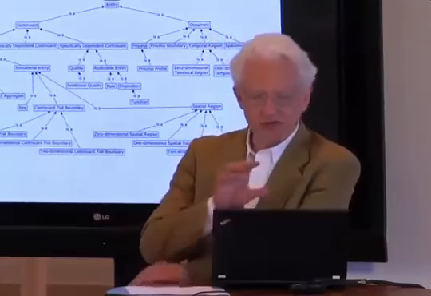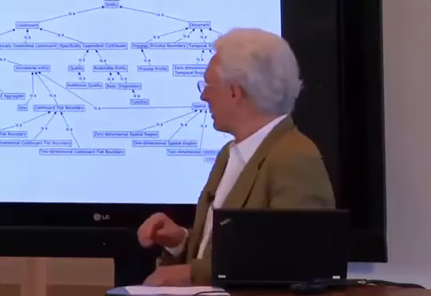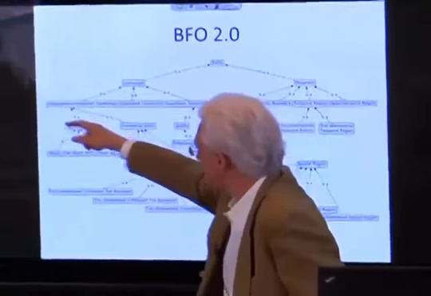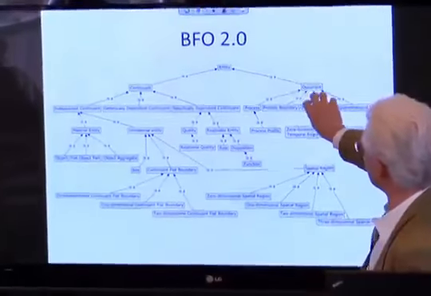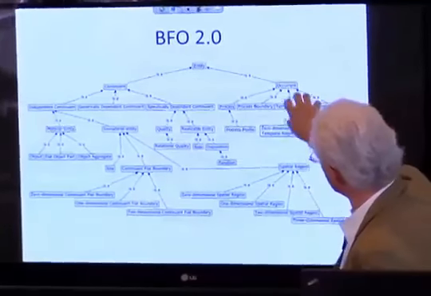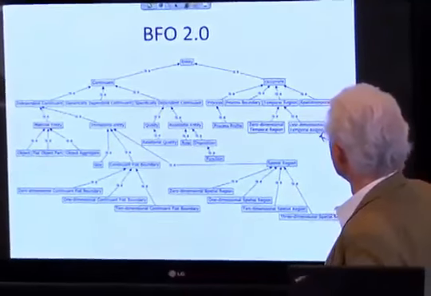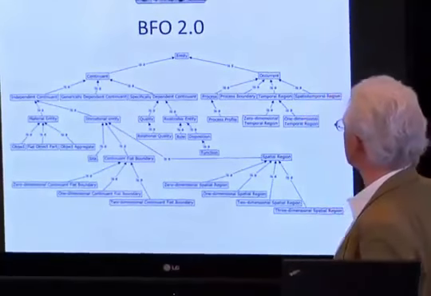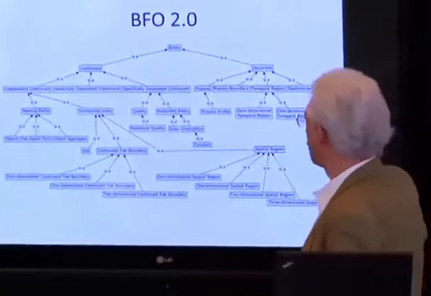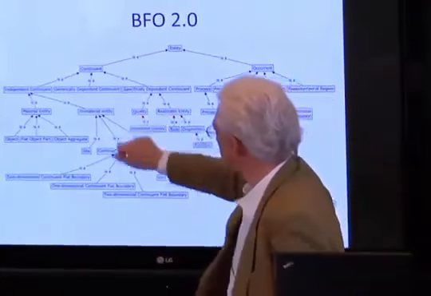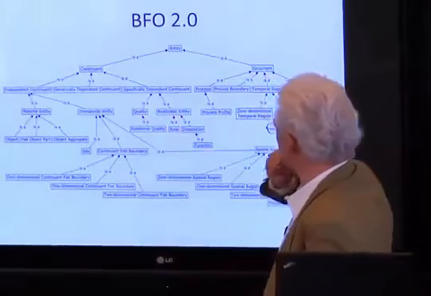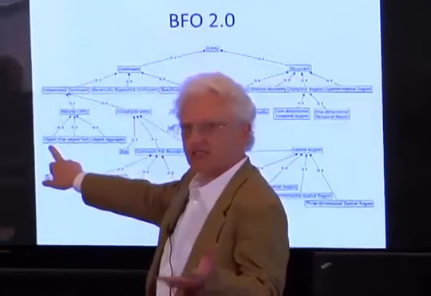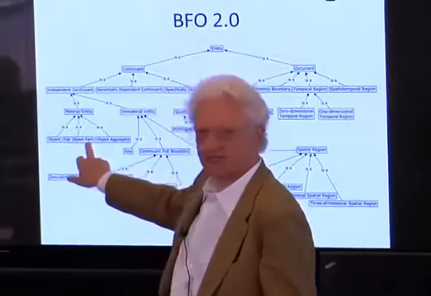So you can see what I said this morning as the quadrant up here. And then we add temporal region, spatiotemporal region, two kinds of temporal regions. We don't actually specify what kinds of spatiotemporal regions there are because there are too many. Then we have qualities, dispositions. We have material entities, which are, for instance, objects such as a molecule, or fiat object parts such as a mountain.